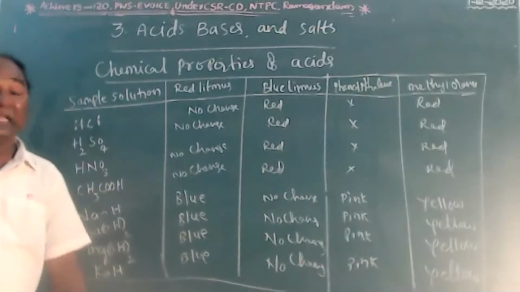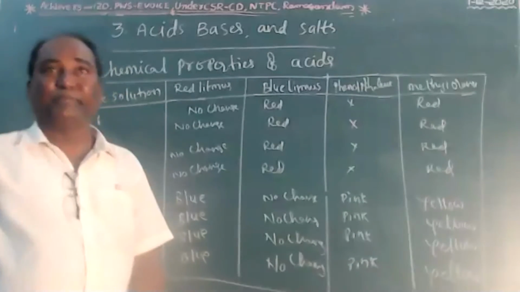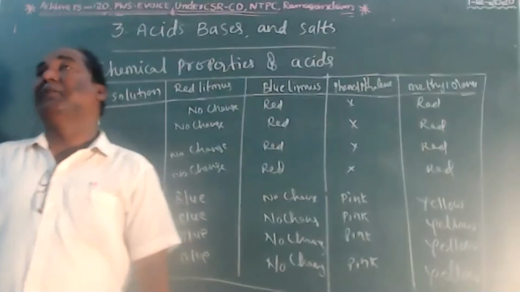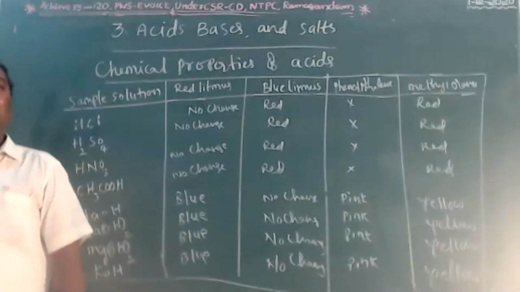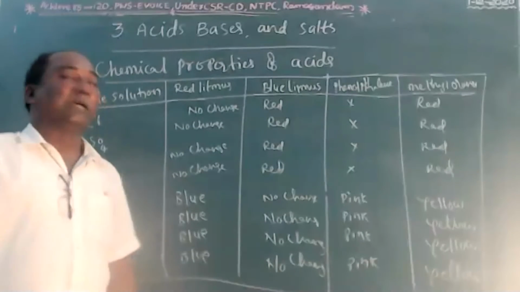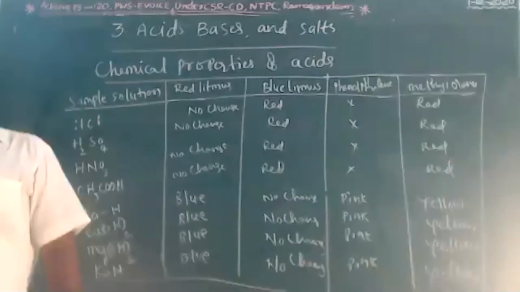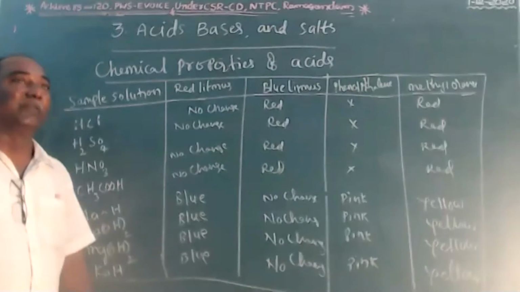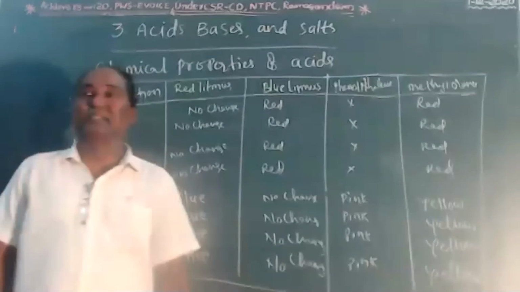Some substances change their odor in acidic or basic medium. The substances which change their odor in acidic and basic medium are called olfactory indicators.